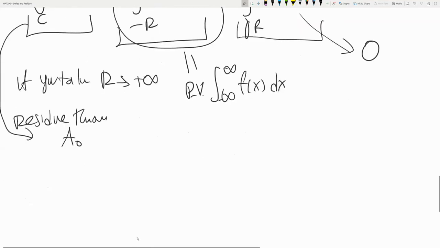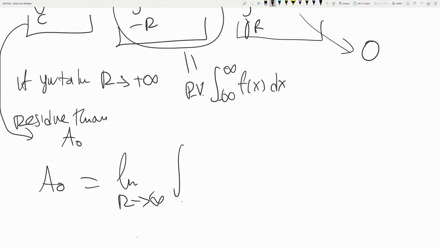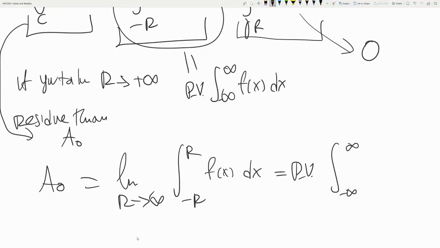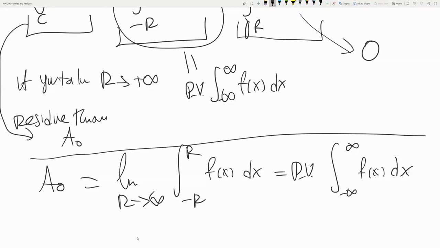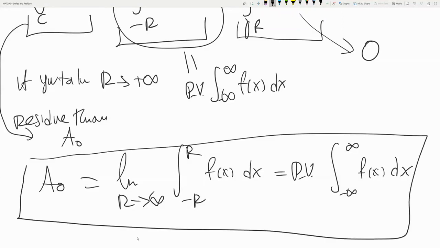So putting these two together, you get that A naught is equal to the principal value of your integral. And that's the whole technique. That's the whole idea.